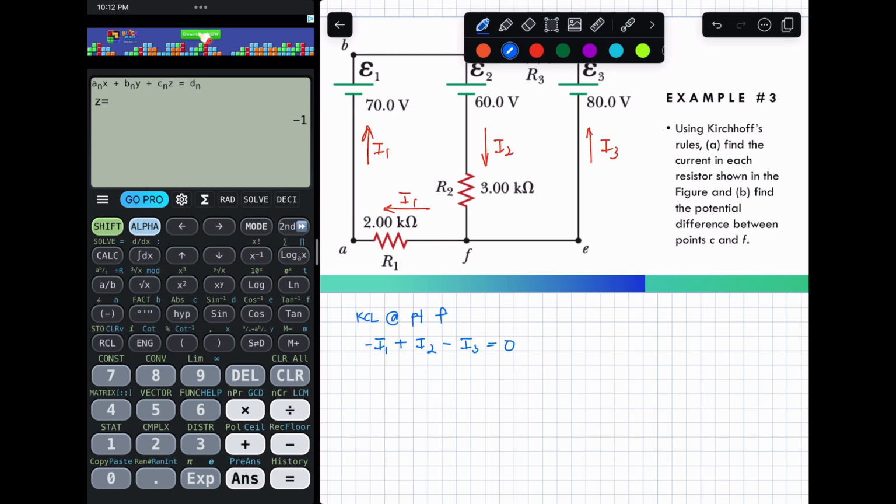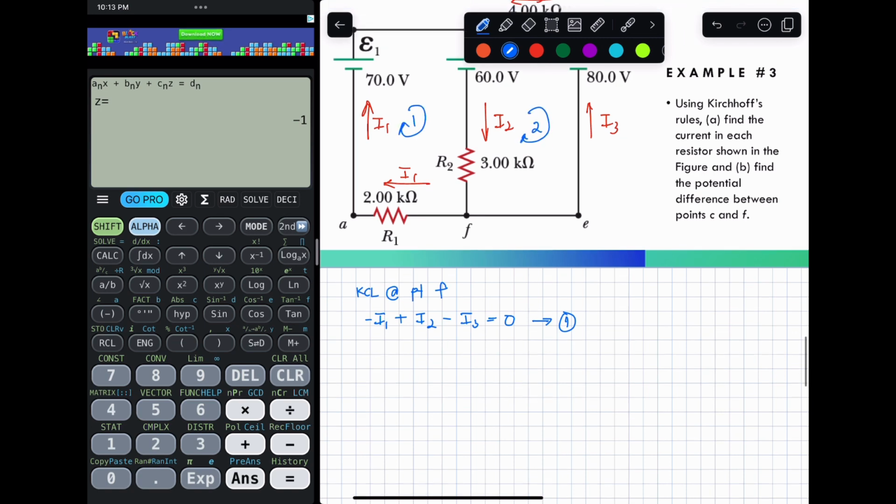I1 is leaving point F, so that makes it negative. I2 is entering point F, so that is positive. I3 is leaving point F, so that makes it negative I3. That is equal to 0, and that is my equation number 1. Then I'll have my loop 1, and this would be my loop 2. So I'll do KVL at loop 1.